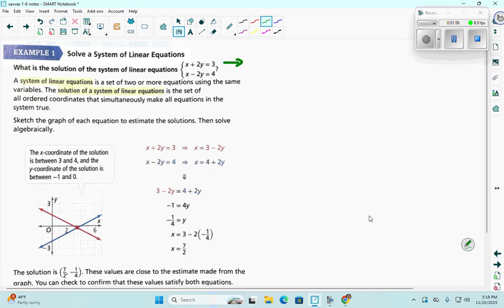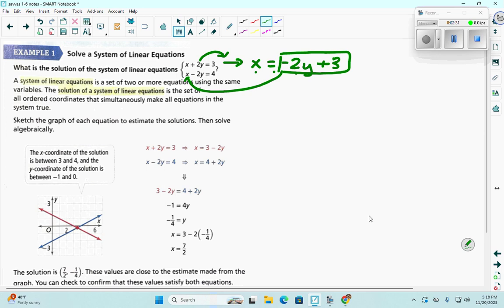So if I chose to do this one and got the x by itself, then all I'd be doing is moving that 2y to the other side, which would change it from a positive to a negative 2y. And then pushing the 3 over, it's not moving to the other side, so it stays the same, okay? So if you do substitution, then that just means now that I rewrote that, x is equal to this, so if x is that, then I can take this part of the equation and plug it into where the x is at, and then solve it.